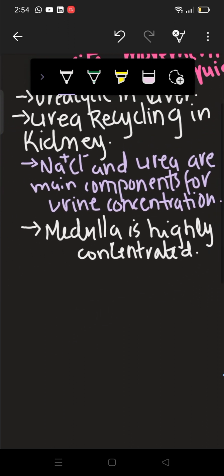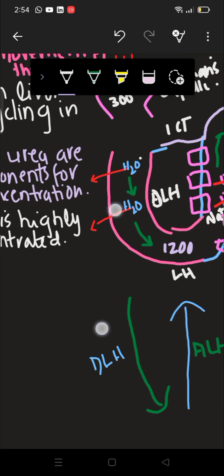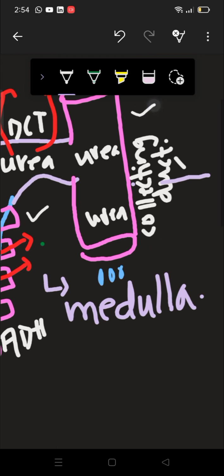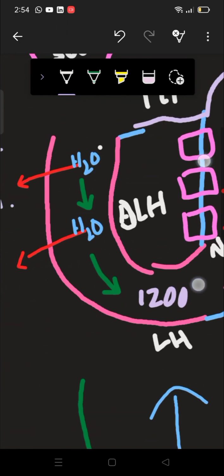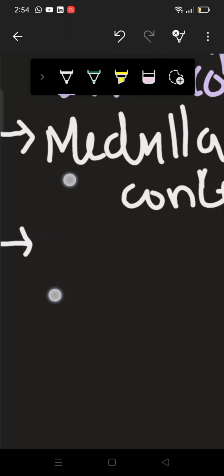The end of the collecting duct is permeable to urea, and the ascending limb too. This ascending limb is permeable to the urea, as well as the collecting duct. Let me write this here, what I said.